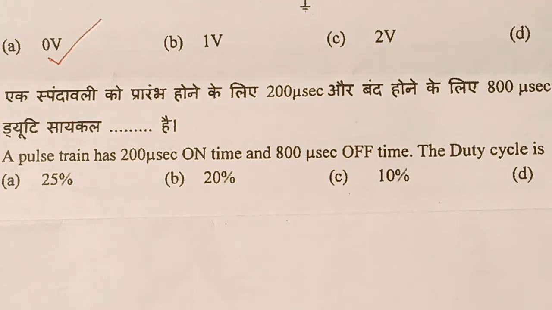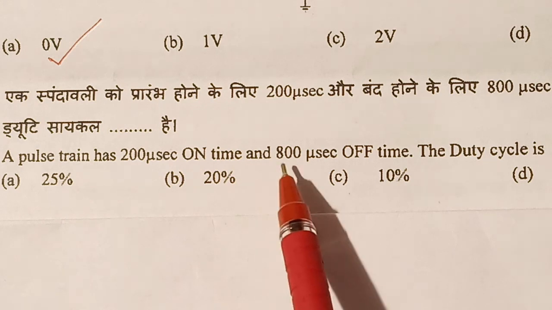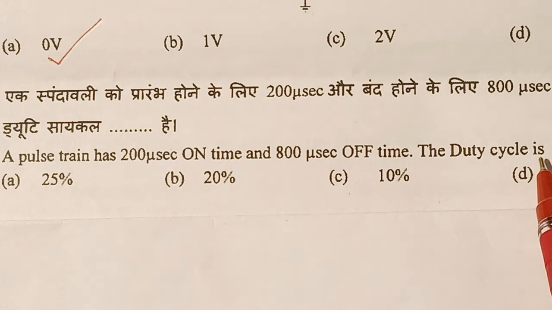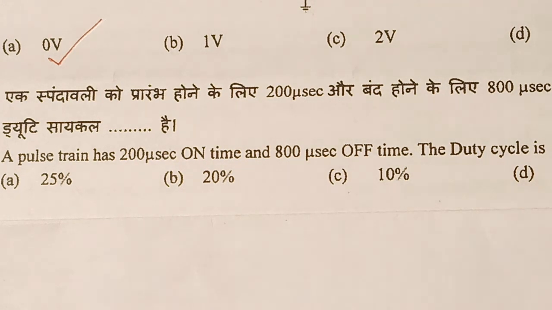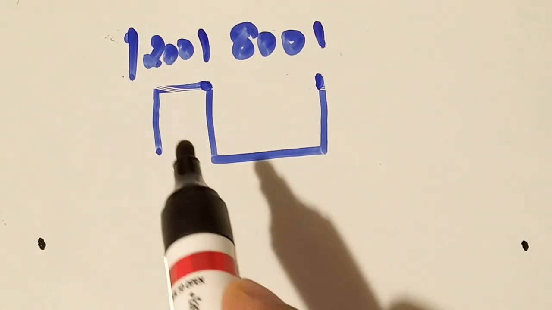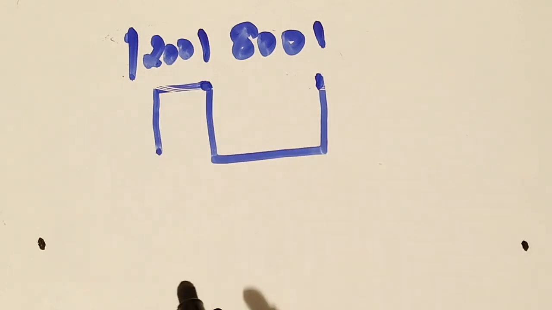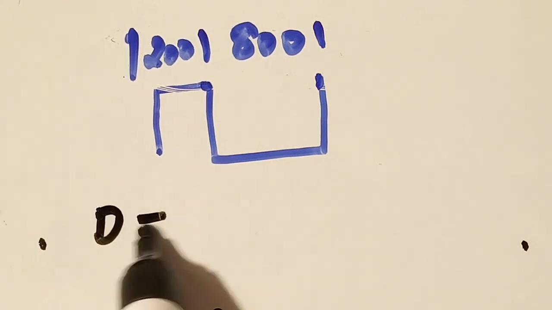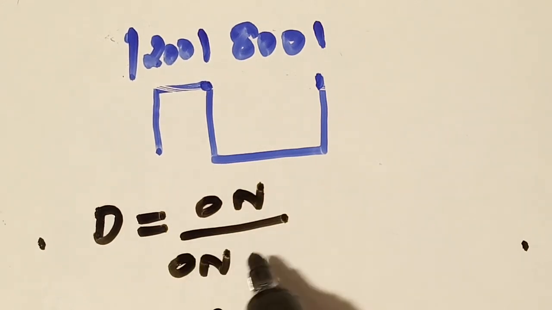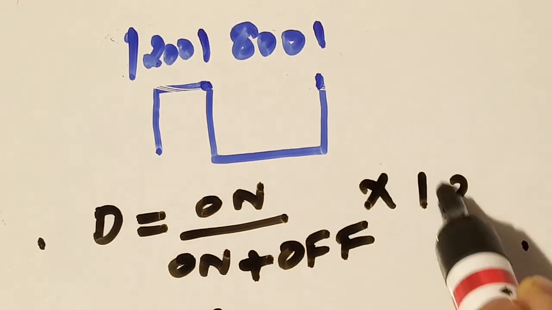Question number 28. A pulse train has 200 microsecond on time and 800 microsecond off time. The question is, what is the duty cycle? So duty cycle is equal to on time divided by on plus off time, all multiplied by 100.